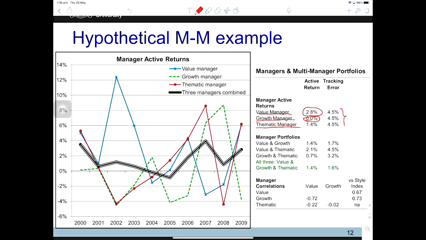The blue line indicates the value managers' active returns, the red line indicates the excess return generated by the thematic managers, and the green line indicates the excess return generated by growth managers. So that's quite a big swing of active return for the investor's equity portfolio over a period of time if you do not diversify that style risk.